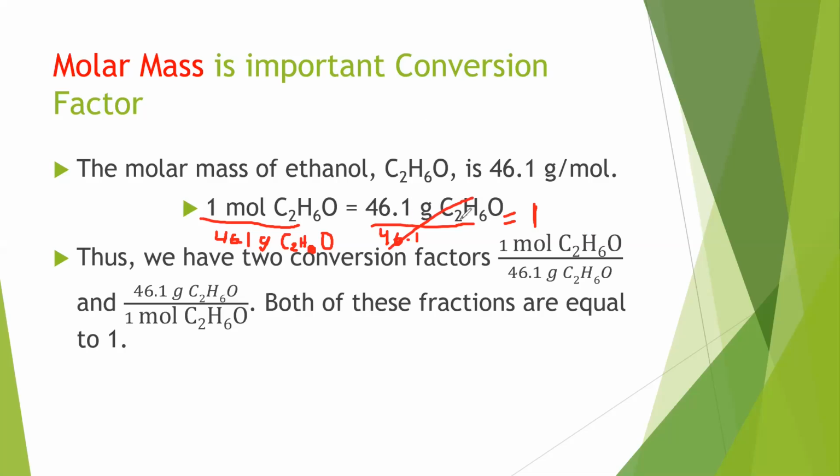We're basically dividing it by itself. So we know that this fraction equals 1: 1 mole of ethanol over 46.1 grams of ethanol equals 1. So that's one conversion factor we can use.